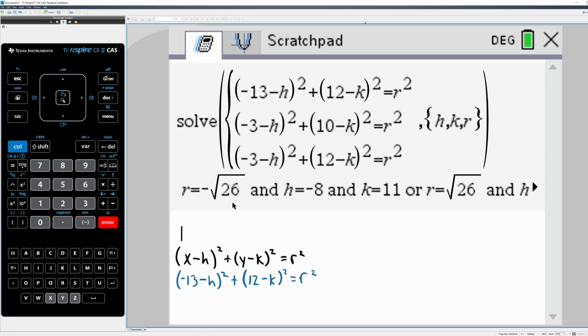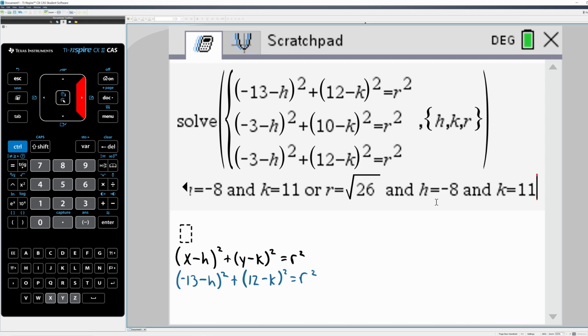Press enter, and we have 2 possible solution sets. We have r is negative root 26, h is negative 8, k is 11, so that's one solution. It's like an r, h, k triple at least. And the second one is the one we want because r is a positive number.